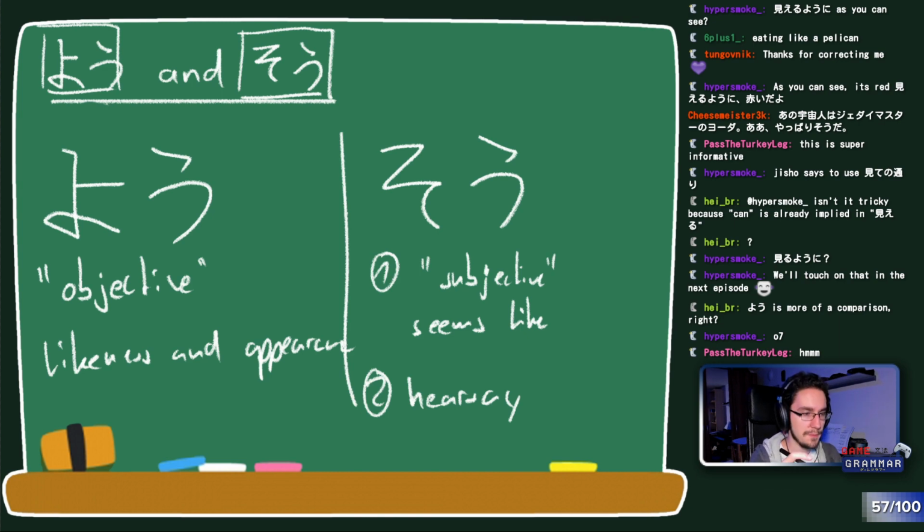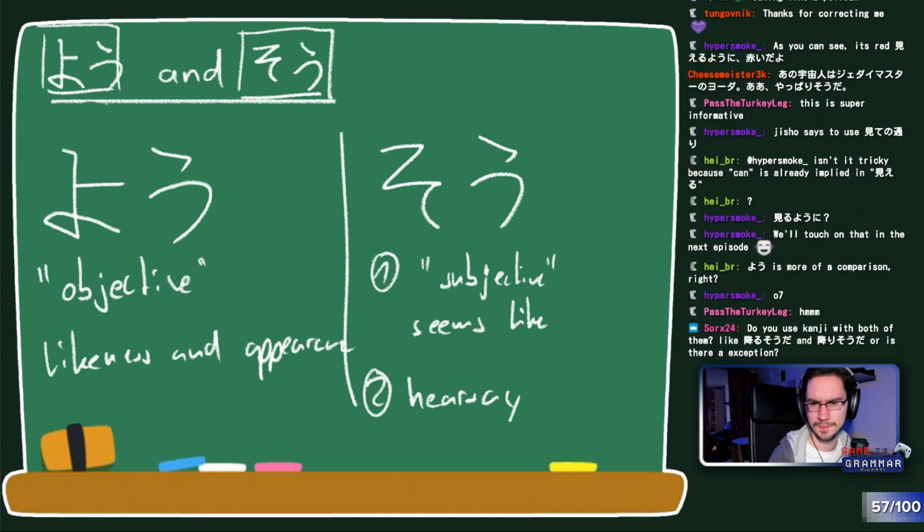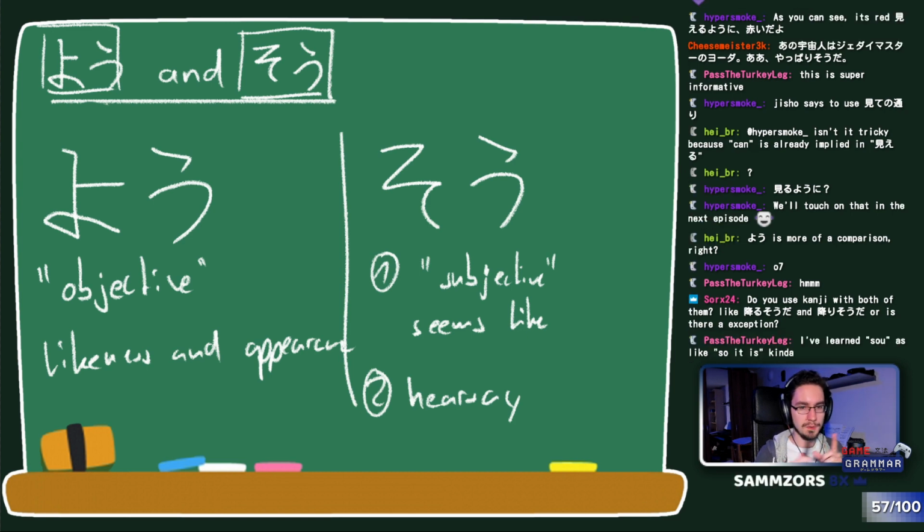And so if ever you want to correct someone, I see this a lot, where people say おいしいそう, and they mean おいしそう, and then they get corrected to say おいしいそう is wrong. It's not really wrong, but it means something that they don't know yet.